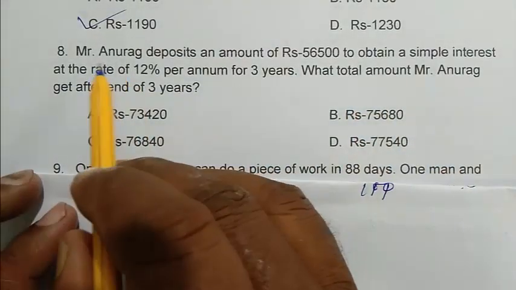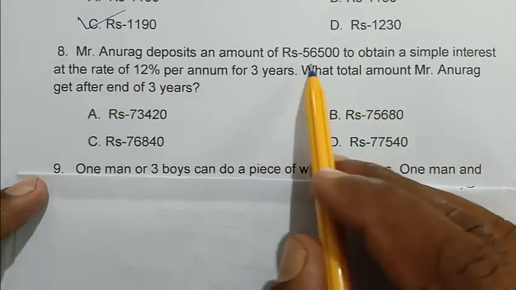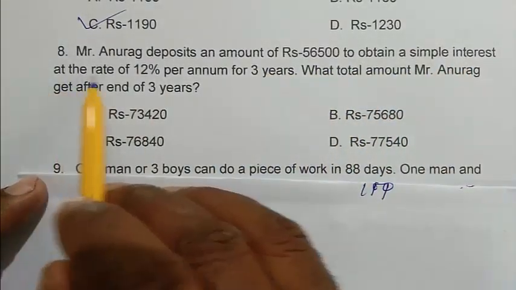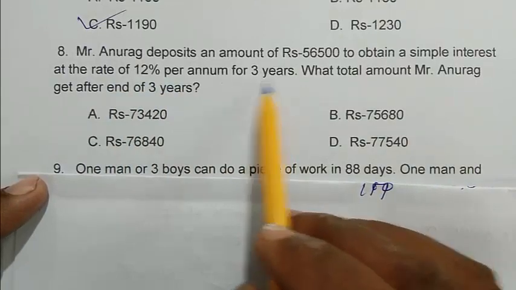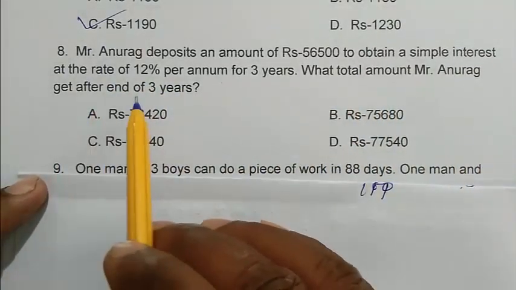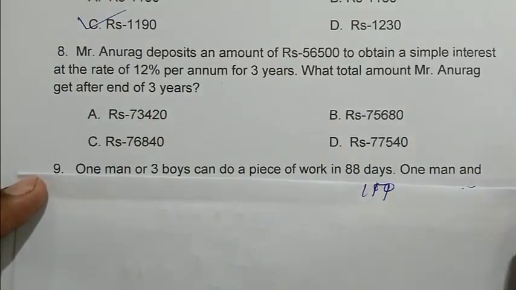Question number 8. Mr. Anurag deposits an amount of rupees 56,500 to obtain simple interest at the rate of 12% per annum for 3 years. What total amount does Mr. Anurag get after the end of 3 years?